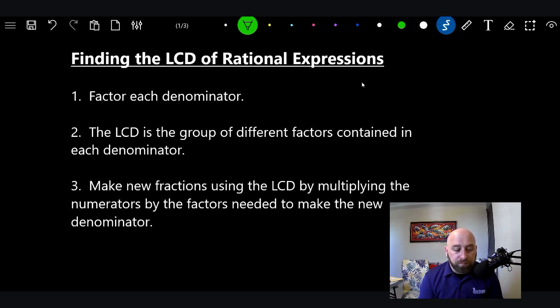Number two, the LCD is the group of different factors contained in each denominator. Now that might sound a little ambiguous right now, but as we start working on these, you'll see what I mean by that.